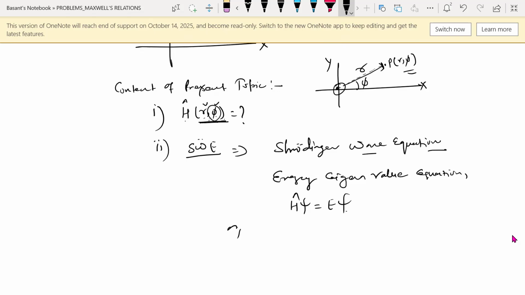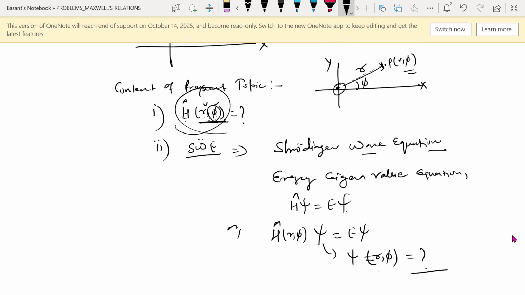So here, after this representation, H in r, phi gives E psi, and psi here also comes out in plane polar coordinate form.